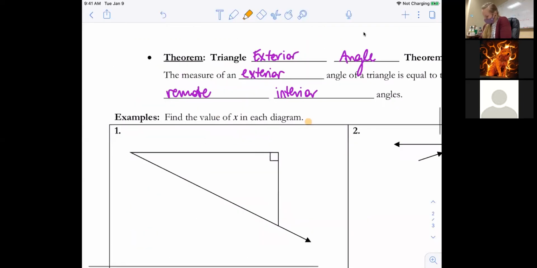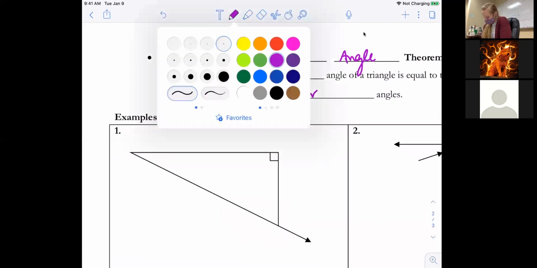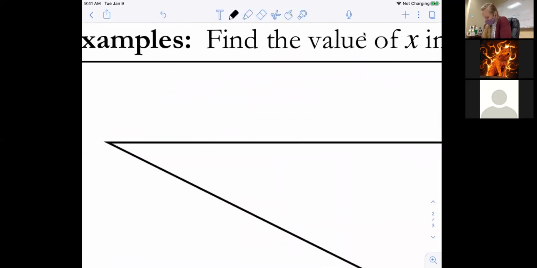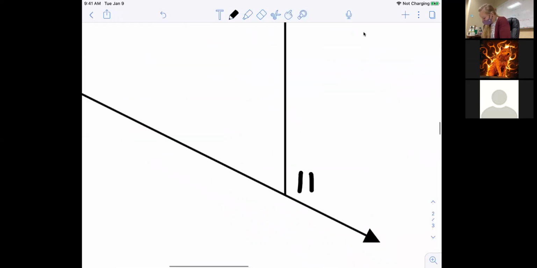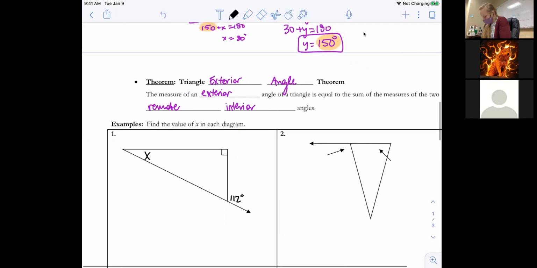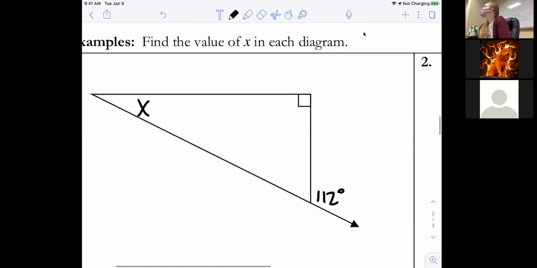So it says find the value of x. Let me give you some things in here. I'm going to tell you that x is this top angle right here, and 112 is my exterior angle. What I just taught you, that theorem, states that if I do x plus 90, that will equal 112.